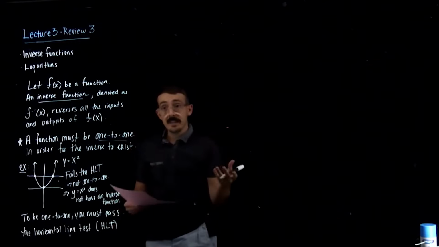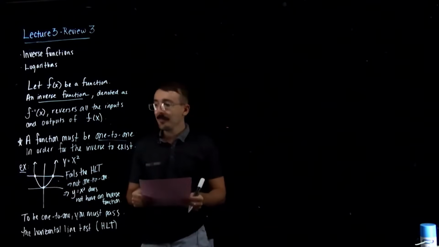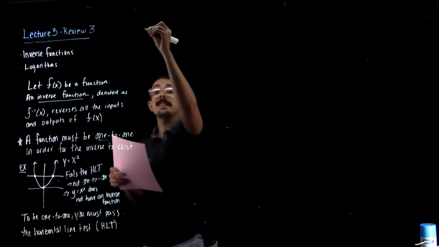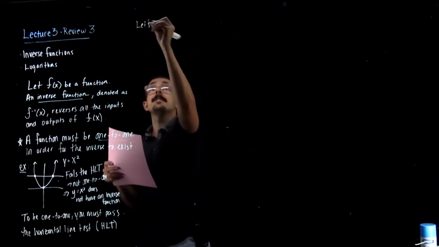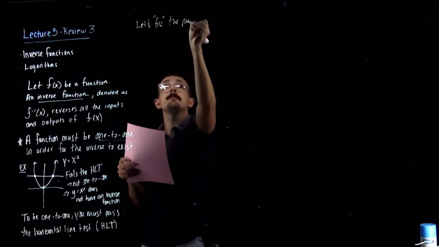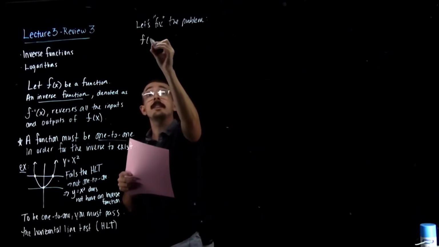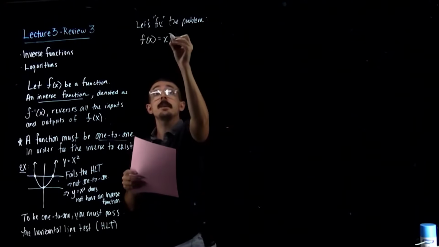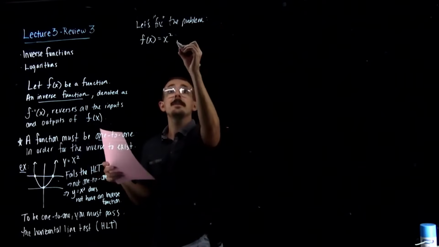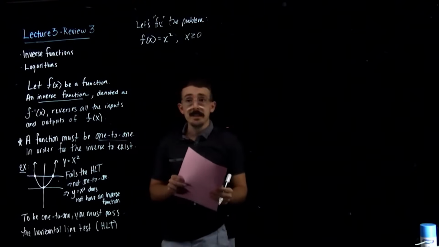However, we can fix that. If I restrict the domain, then I can more or less make it pass the horizontal line test. So let's fix the problem. I'm going to say f of x is x squared again. You might be thinking, well, that just didn't work. Well, I'm also going to put a condition that x has to be at least 0.